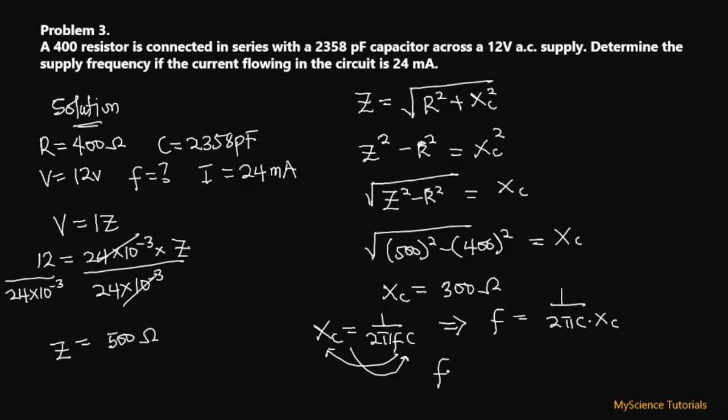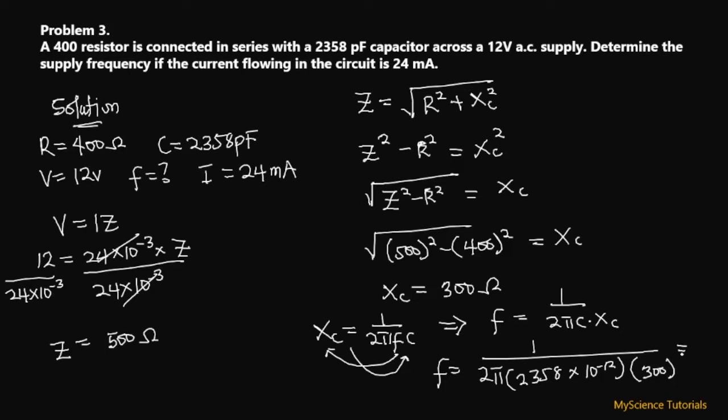It means our frequency is equal to 1 over 2 pi, our capacitance is 2358 pico, which is times 10 raised to the power negative 12, then multiplied by our capacitive reactance, which is 300.